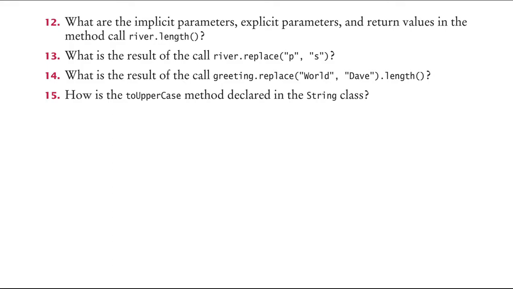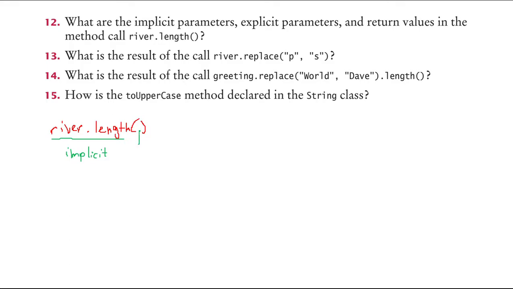What are the explicit parameters and return values in the method called river.length? Okay, so I got river dot length. From here, as I told you before, when you find a period, that is an implicit parameter. Explicit is what goes inside the parentheses.